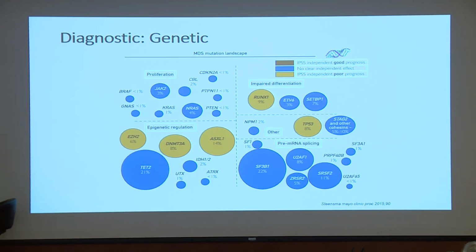So this figure illustrates the mutational landscape for MDS, and here are the top 40 gene mutations that you can see in MDS, and the size of the bubble just shows you how frequent or how common these mutations are in MDS.